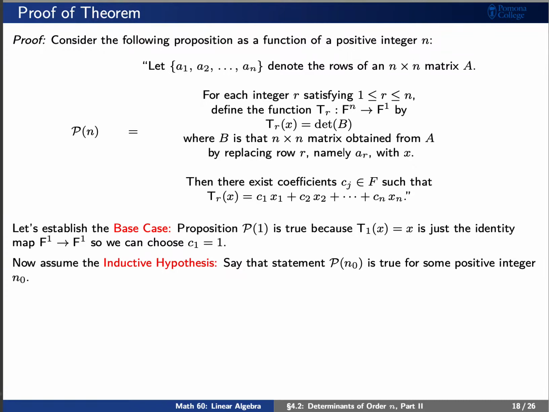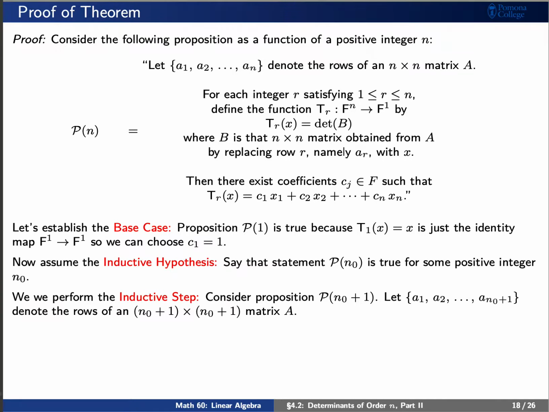Now let's assume the inductive hypothesis. That is, let's assume that the proposition P of n0 is true for some positive integer n0. We're going to perform the inductive step. That is, we want to consider the proposition P of n0 plus 1.